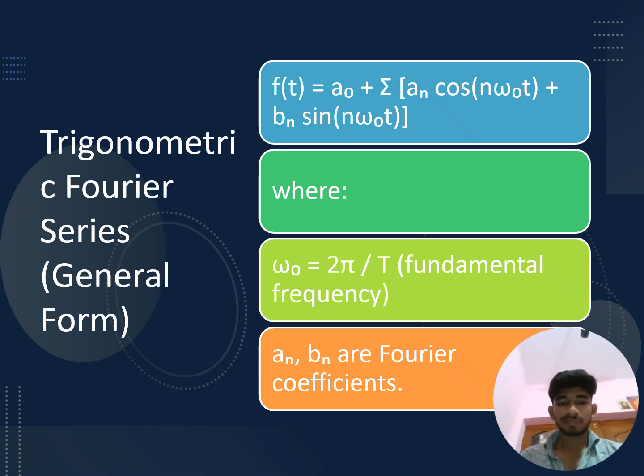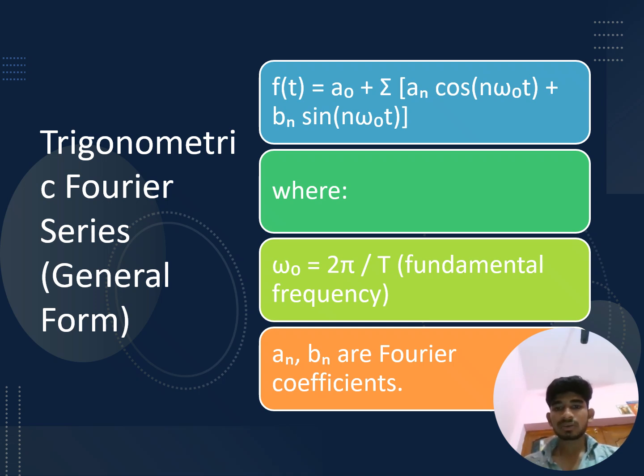Trigonometric series general form. The trigonometric Fourier series expresses a periodic function as a sum of sine and cosine terms. f of t is equal to a naught plus summation of a n cos n omega naught t plus b n sin n omega naught t. Here, a n and b n are the coefficients of the trigonometric Fourier series.